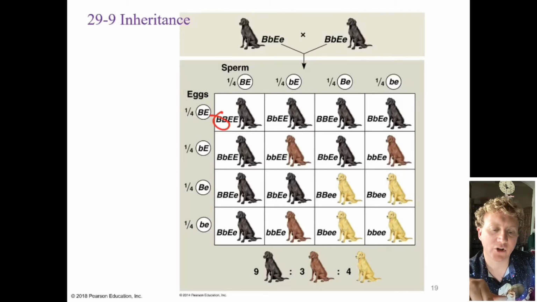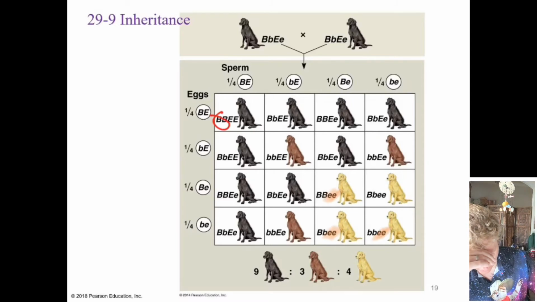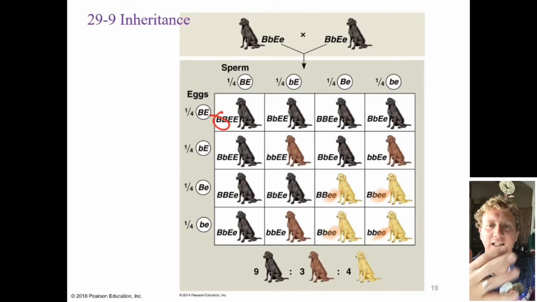Your chocolate labs are your recessive phenotype. In order to have that color put into the hairs, you have to have a dominant phenotype for the E. That's the gatekeeper. So that's why if you look, all of our yellow labs are homozygous recessive for that gatekeeper gene.